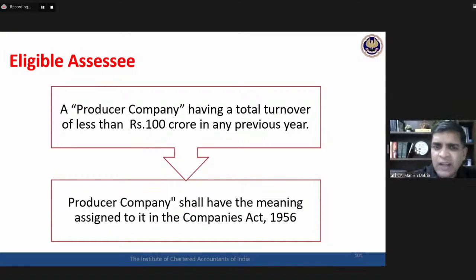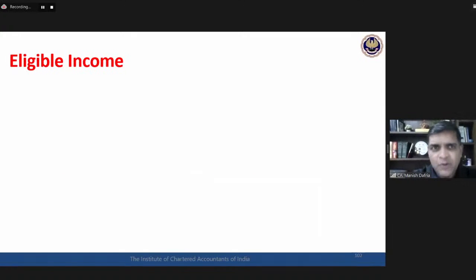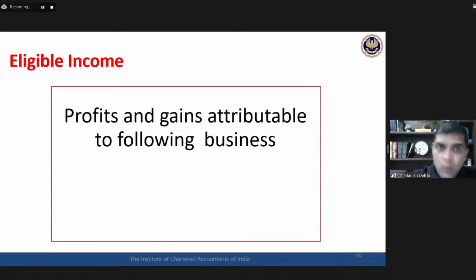It has been defined in the Companies Act. The Income Tax Act still refers to the Companies Act 1956, while now we have the Companies Act 2013. So the producer company as defined in the Companies Act is the producer company for income tax also. My requirement in income tax is that your turnover should be less than 100 crore. If you fulfill this condition and are eligible, then the 80PA deduction you can claim against which income?